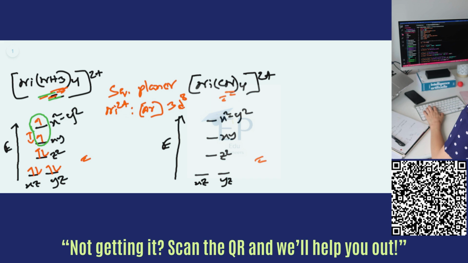As you know, for being a paramagnetic complex, a complex must have at least 1 unpaired electron in the d orbitals of the central metal ion.